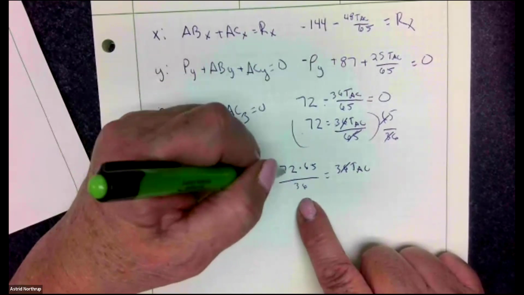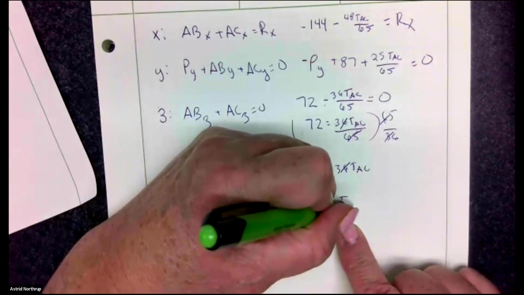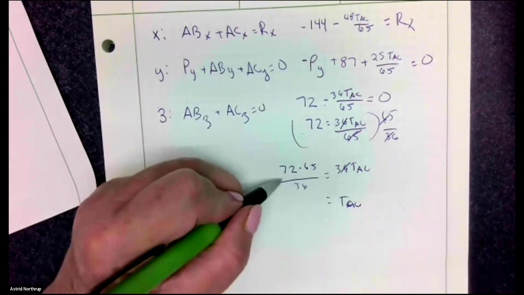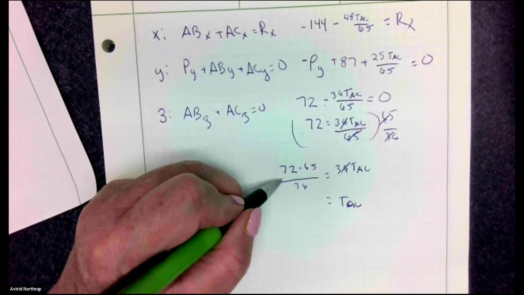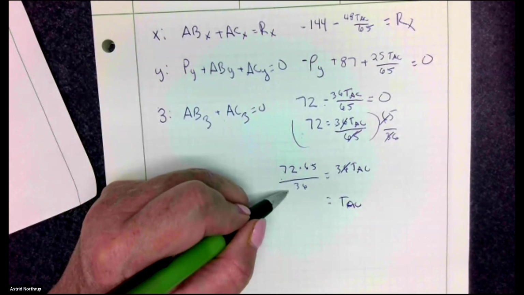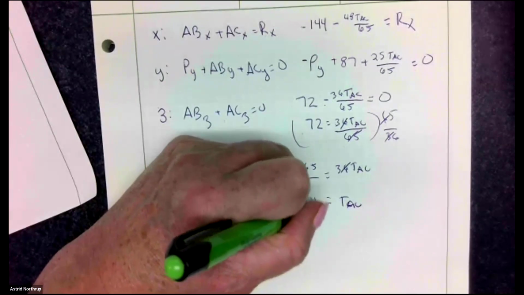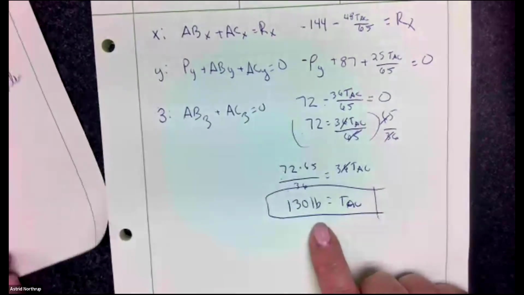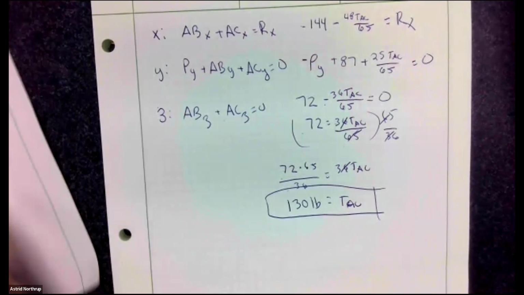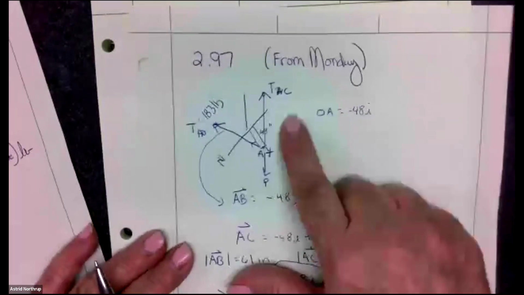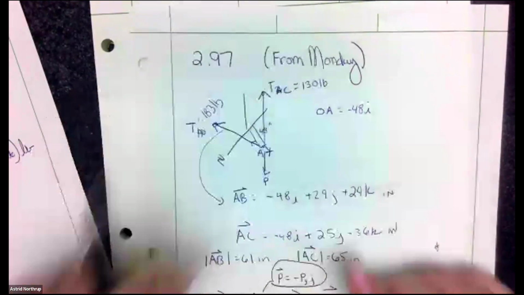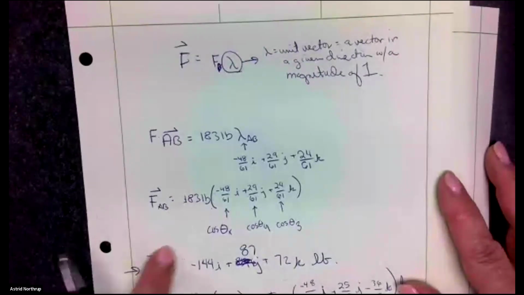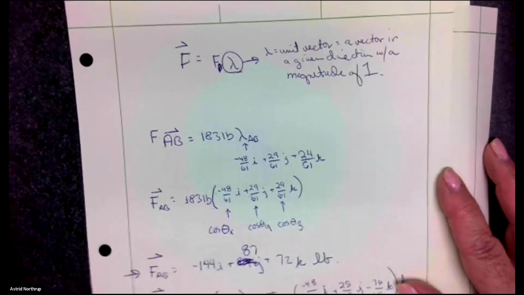So now I have these numbers going to equal TAC, and I can solve for that directly. The value is 72 times 65 divided by 36, and that value is 130, and we know the units to be pounds. All right. So if I go back to my original equations, I can see that TAC is equal to 130 pounds. And anywhere that I have TAC in these equations, I can just substitute in 130 pounds and solve for the rest of it.